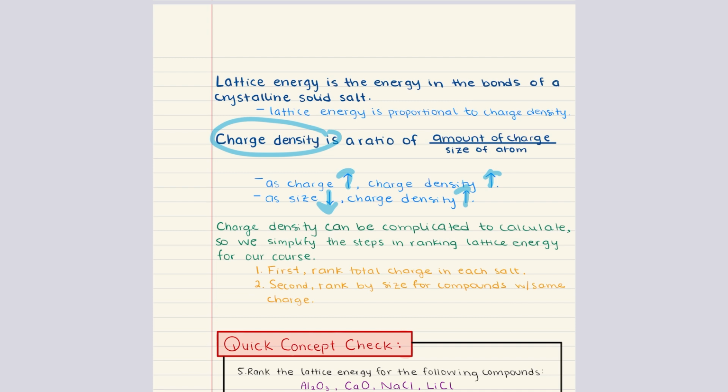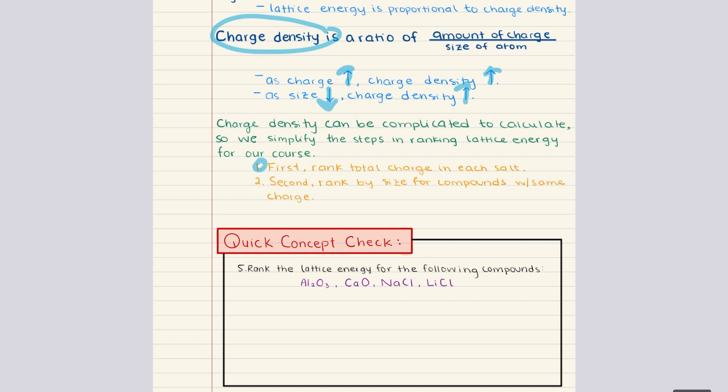Since charge density directly affects lattice energy, we can use these two facts to rank compounds based on their lattice energy. But how do we do that? Charge density calculations can actually get pretty complex, so we're going to simplify the process for this course into 2 key steps. First, we rank the salts by their total charge magnitude, since higher charge means higher lattice energy.